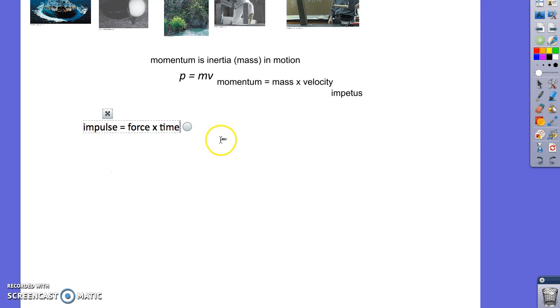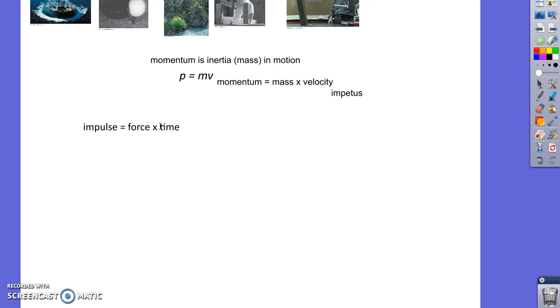So the two things that are going to affect how much the force changes the momentum, I should say, is how much force there is. The more force you have, then it's going to have a bigger effect on the momentum because it's going to change the velocity or change its acceleration a lot. We learned that in Newton's second law. It also, though, has to do with how much time the force is applied.